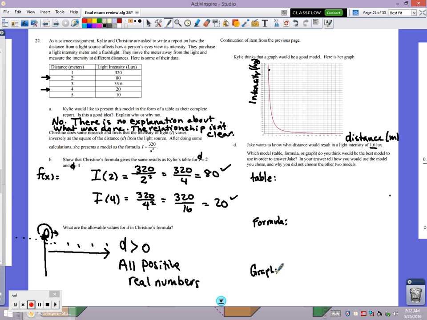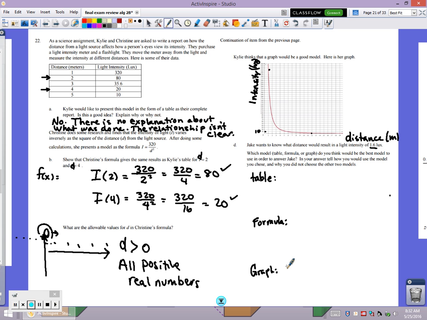Okay. So maybe let's start with the graph since it's the last one we talked about. If I were to try to find 1.6 lux, oh my goodness. Well, it's so blurry here I can't even see, but the first little dash is 10. So I need to find 1.6. It's somewhere down here, maybe over there somewhere. I can't even tell.